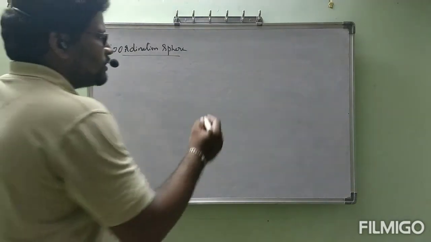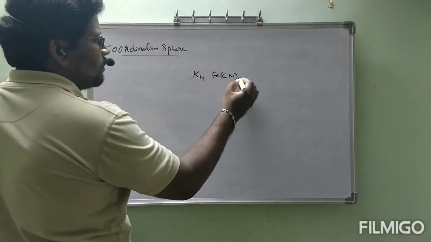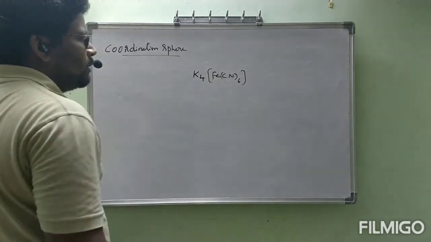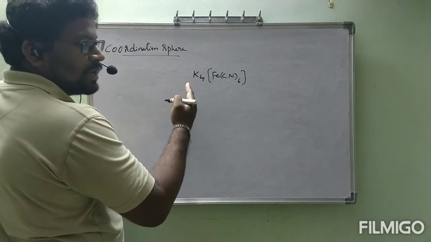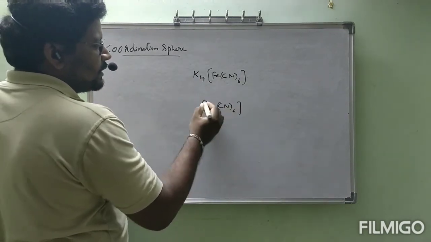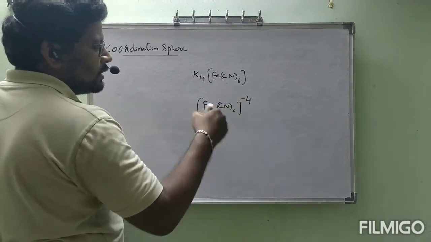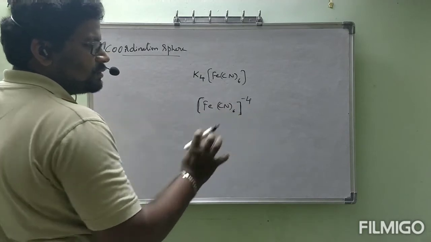If you take K4[Fe(CN)6], in this, just remove the 4 K plus ions, we will remain with [Fe(CN)6]4 minus. This complex, the square bracket complex, with the negative charge or neutral, whatever it is.